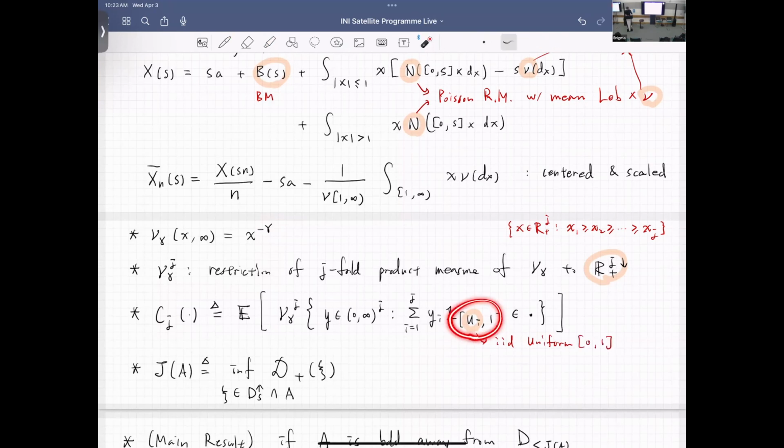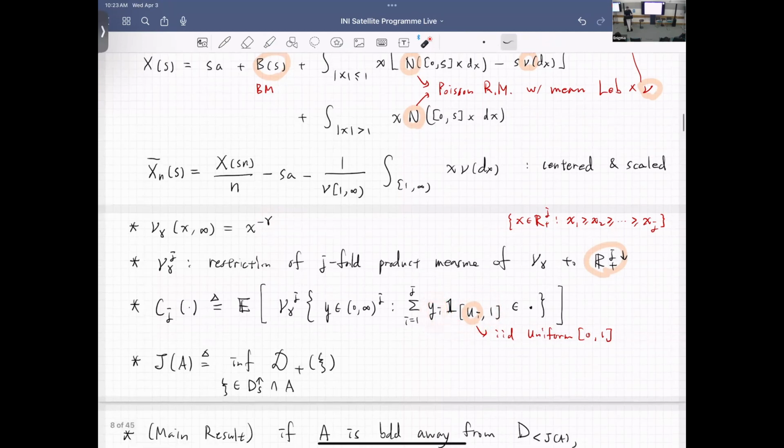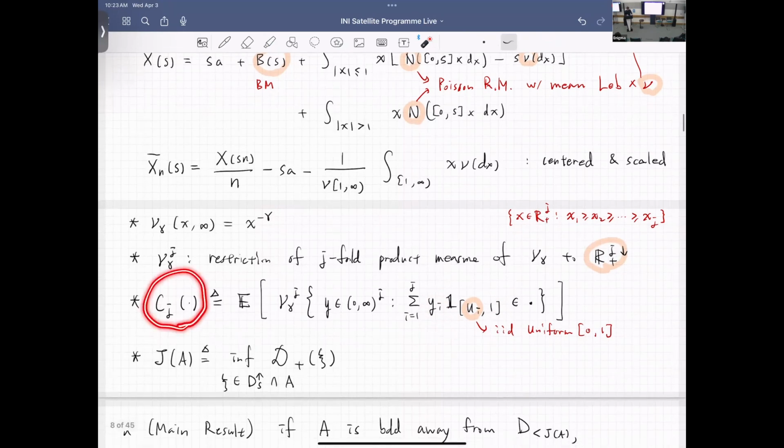So jump times are IID uniform, and jump sizes follow the power law. This is a measure defined on the paths, supported on the paths with exactly j jumps, and the sizes and times of the jumps are more or less power law and uniform. And the expectation is taken over the U_i's? Right, yeah, exactly.